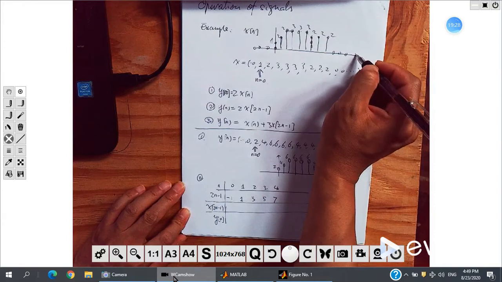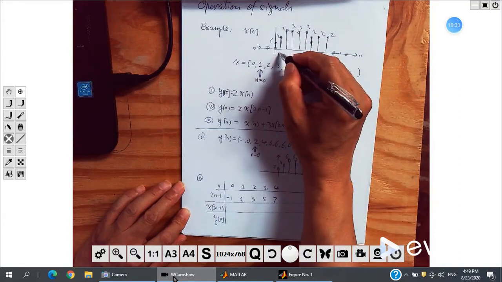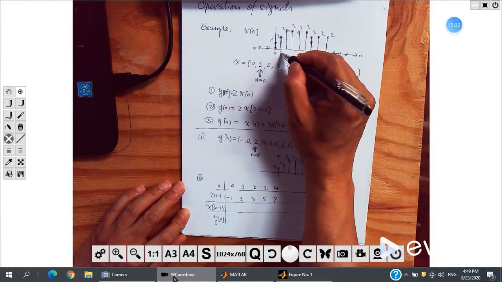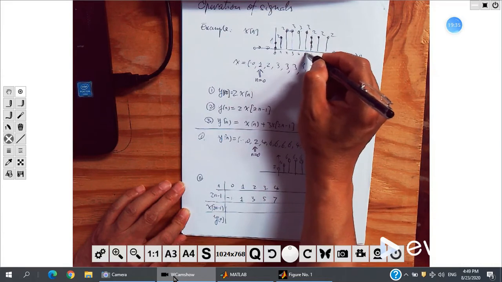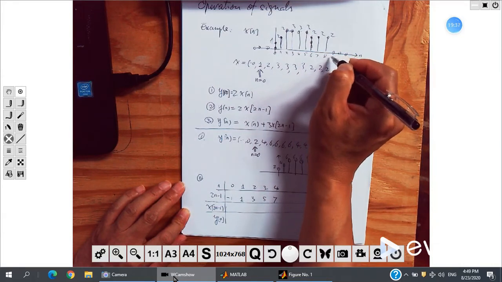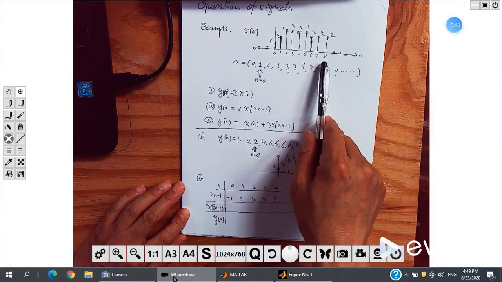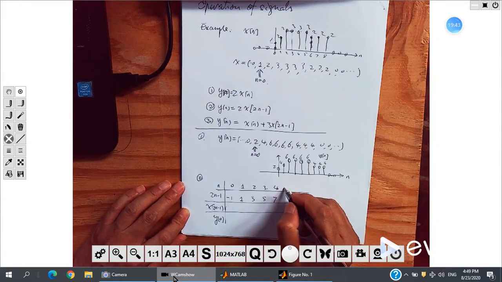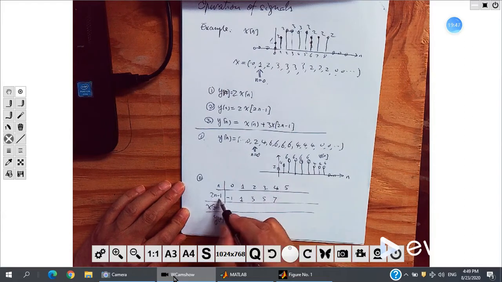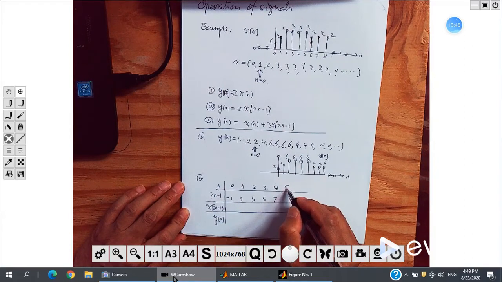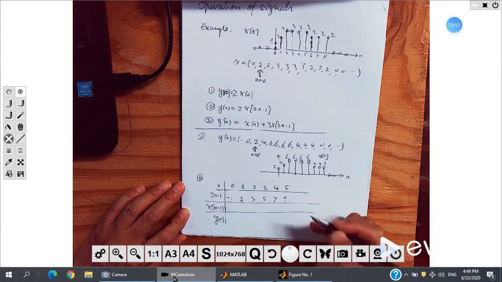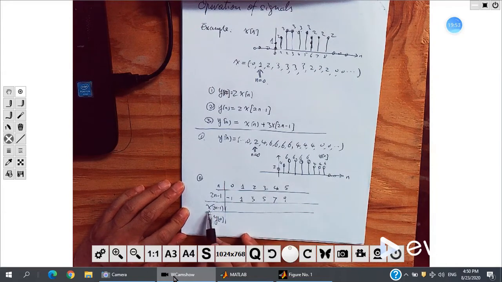Right. I put the values here. This is n. n runs from 0, then 1, 2, 3, 4, 5, 6, 7, 8, and so on. Okay, the largest n is 8, so I can give more. This is 5. Here 2 times 5 minus 1 is 10 minus 1, which is 9. Then the value x[2n minus 1].